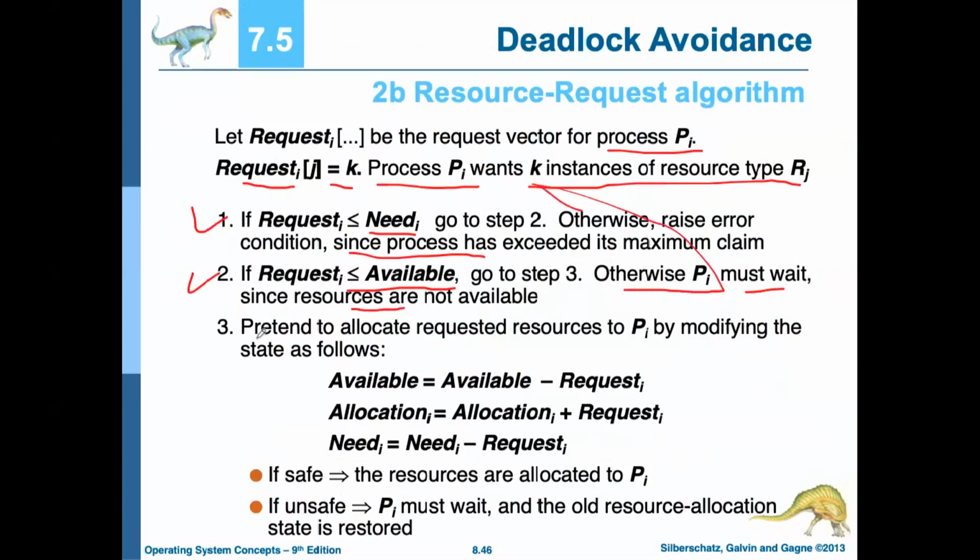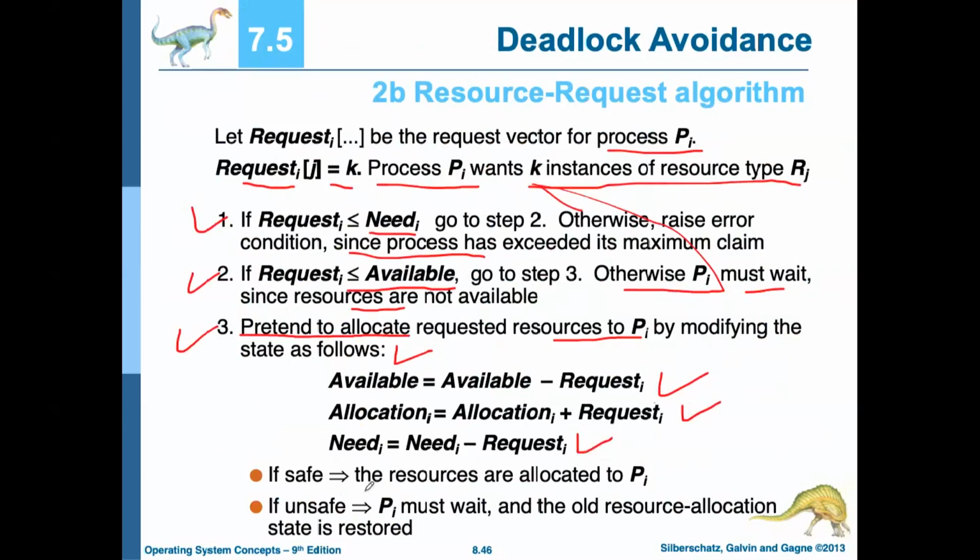All right, and then next, pretend to allocate the requested resources to Pi by modifying the state as follows. Available equals Available minus Request, Allocation equals Allocation plus Request, and Need equals Need minus Request.